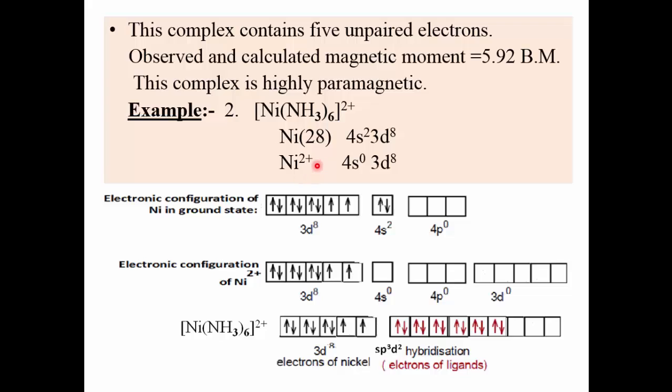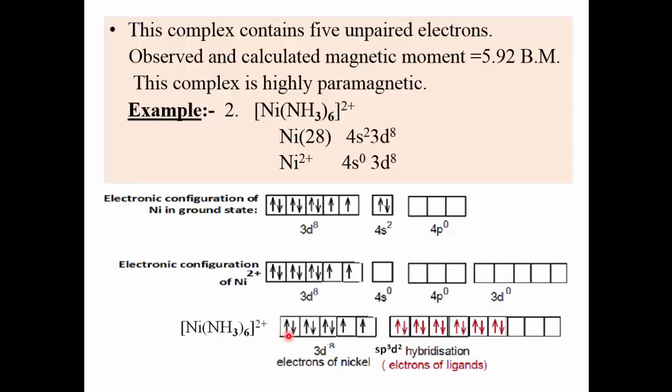So for Ni2+, there is a loss of 2 electrons from the 4s orbital. In the ground state 3d contains 8 electrons and 4s contains 2 electrons. In the excited state, for formation of Ni2+, there is loss of 2 electrons from the 4s orbital. 3d contains 8 electrons. No electron in the 4p orbital as well as in 4d.